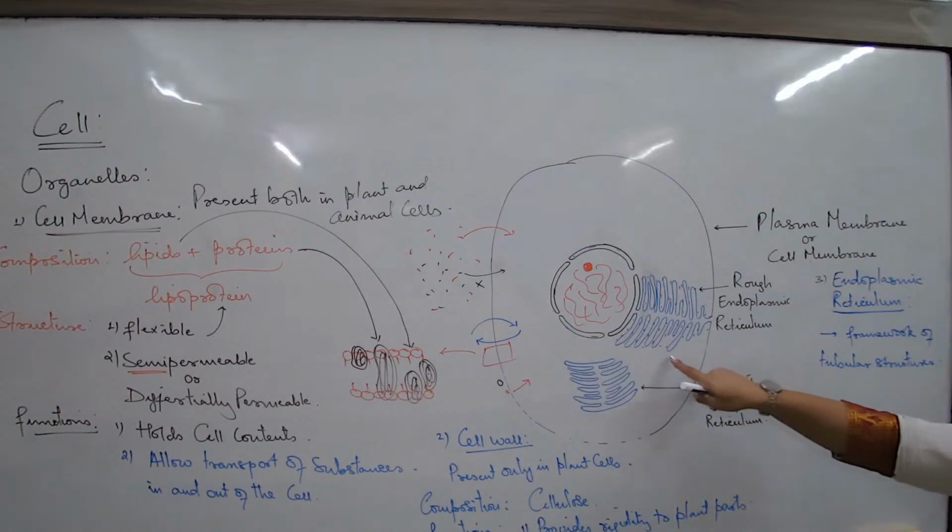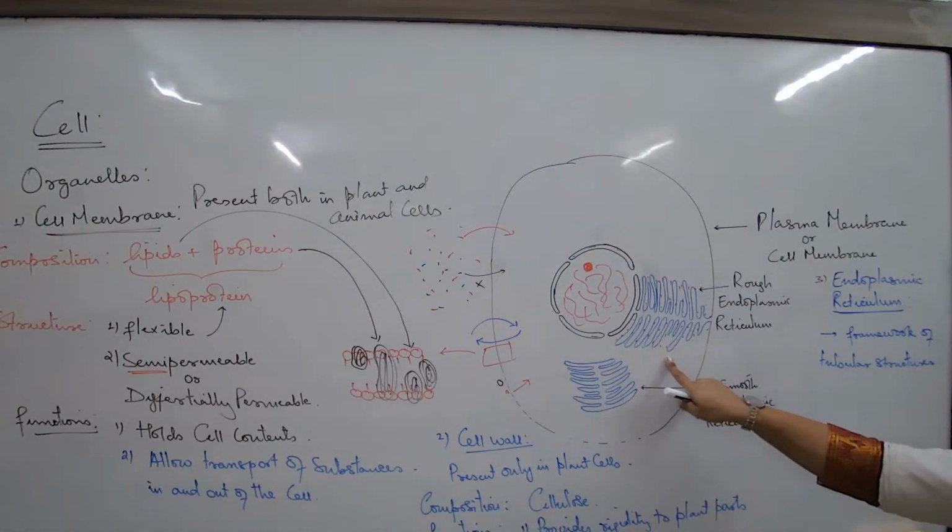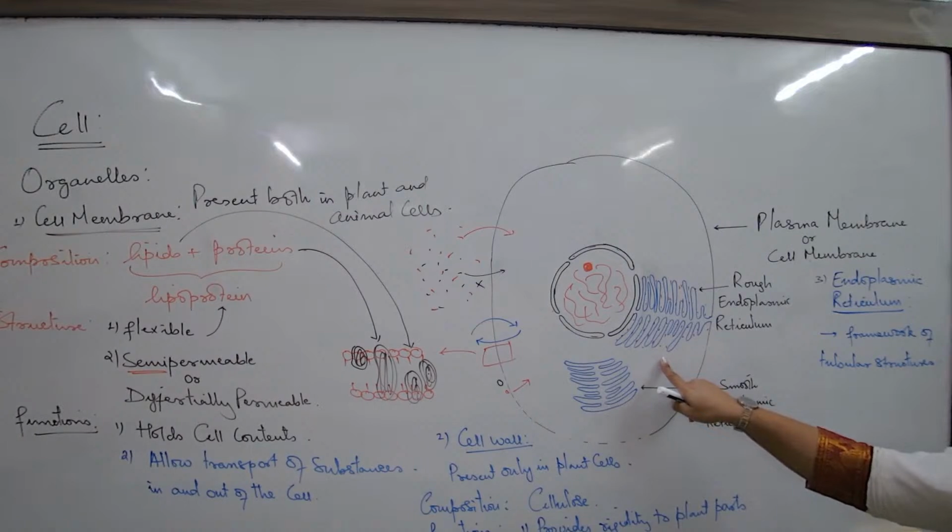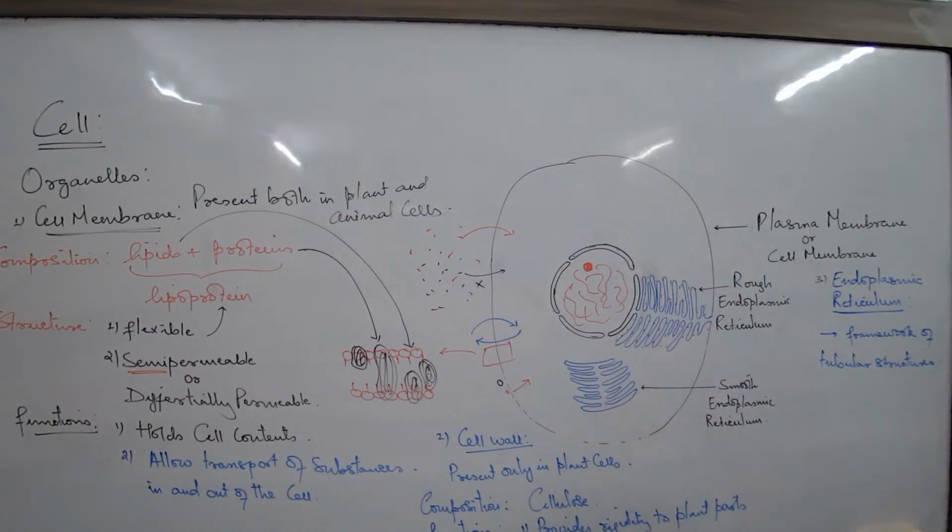That's the reason it is known as a framework, because of which the cell cannot collapse. It is just like the framework of bones that we have in our body.